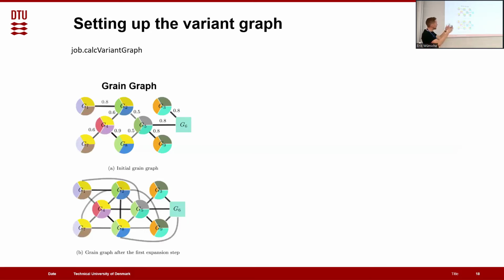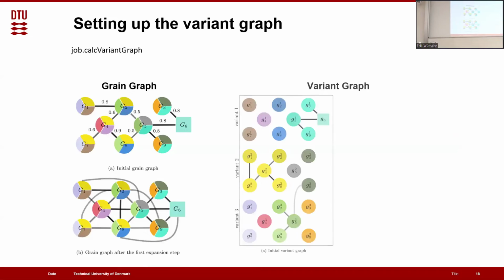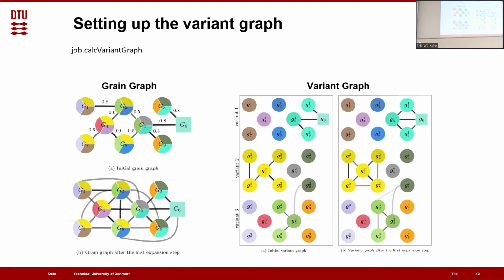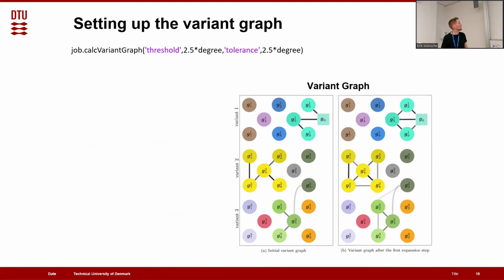And then by iterating over this graph, we can extend this to second neighbors, third neighbors, and so forth. The variant graph does the same thing, but it has separate graphs for each of the possible variants. But essentially, what's important for you to know is that also here, the probabilities we assign to these edges are quite important as to how effective and how successful the variant graph will operate.